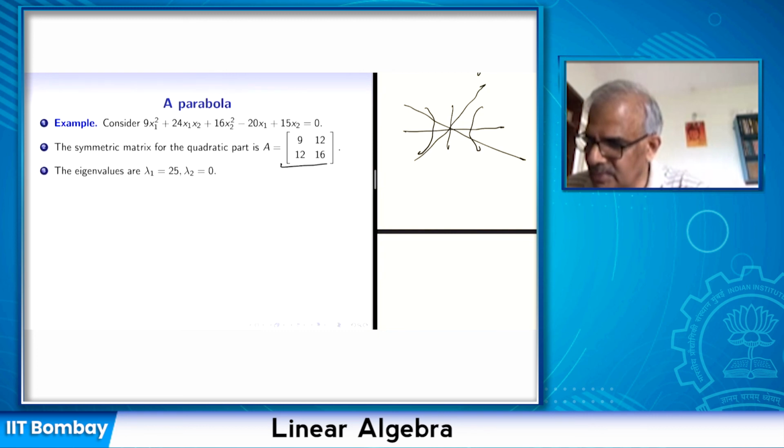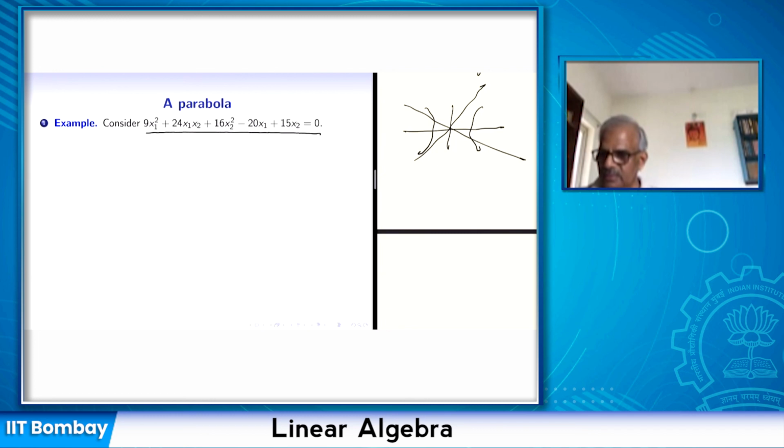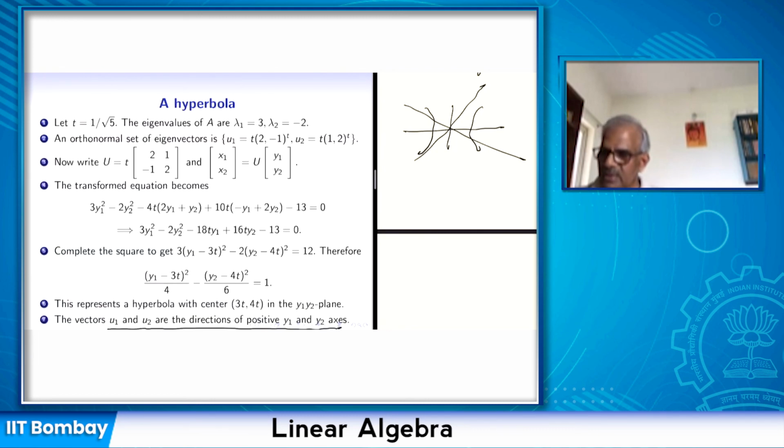And this real symmetric matrix has eigenvalues 25 and 0. In the earlier two cases, we got non-zero eigenvalues. Remember, the eigenvalues in the hyperbola case were 3 and -2, and they had opposite sign. So when eigenvalues were of opposite sign, I got a hyperbola.